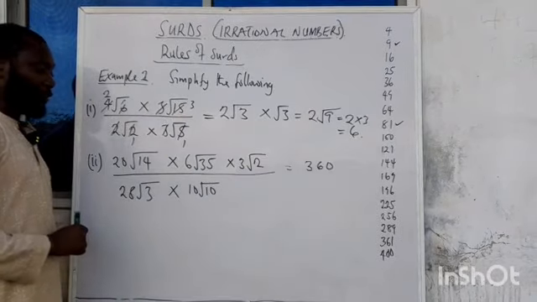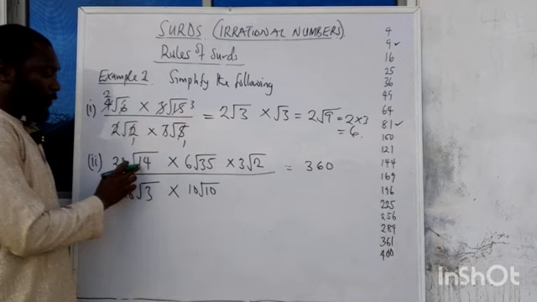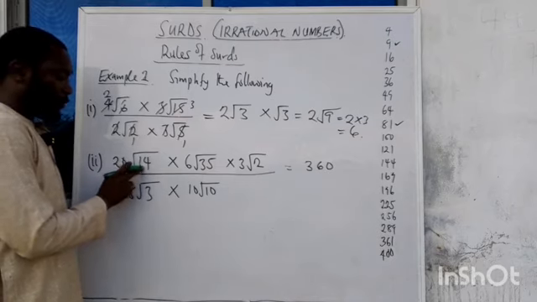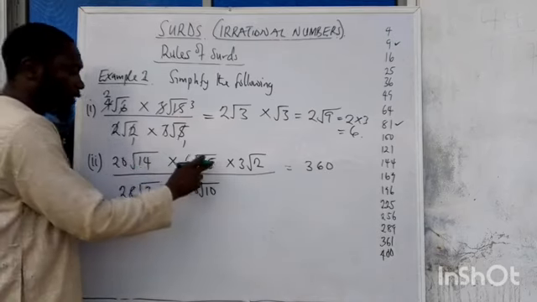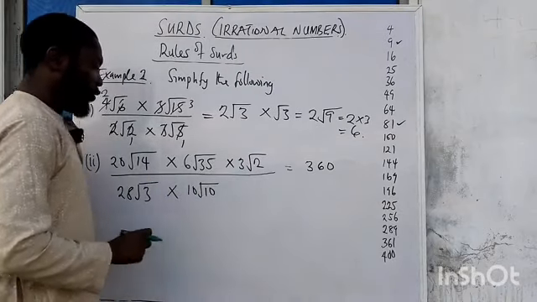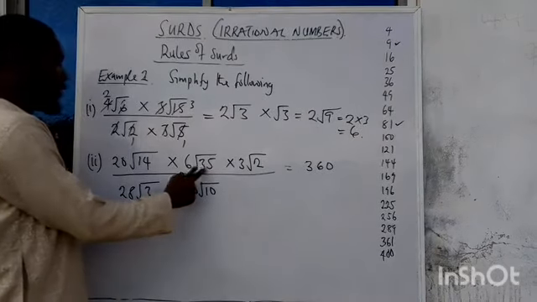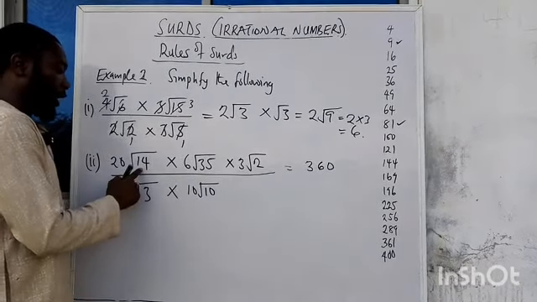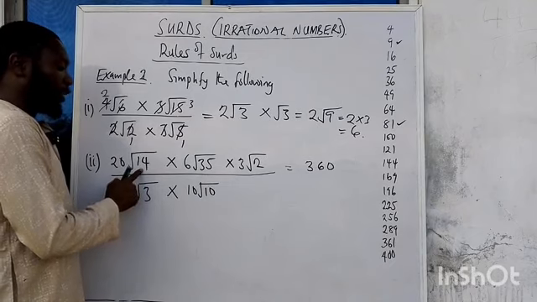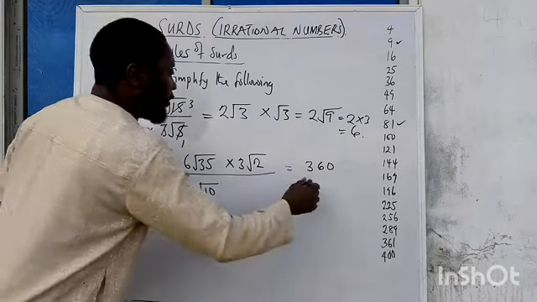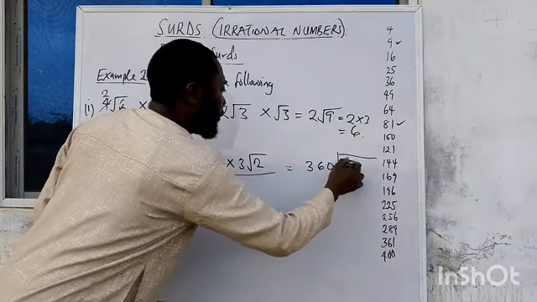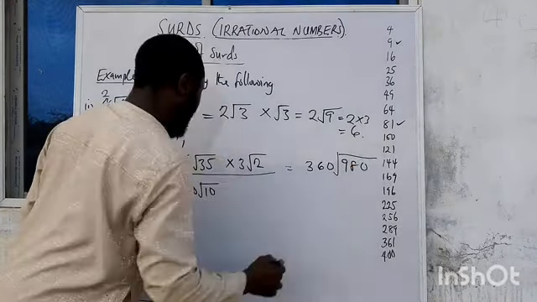That's 360. Now let's multiply the value here also. 14 multiplied by 35 multiplied by 2. This is also possible. So when you say 7 times 7, that is 49. 49 times 20, that is 980.